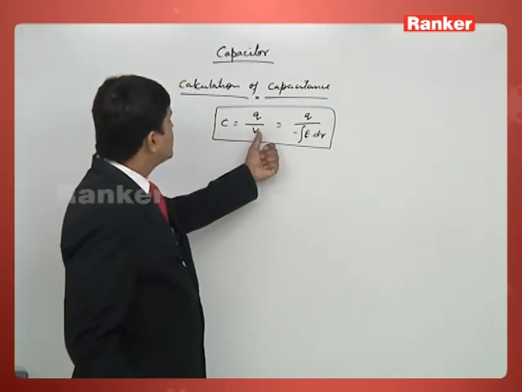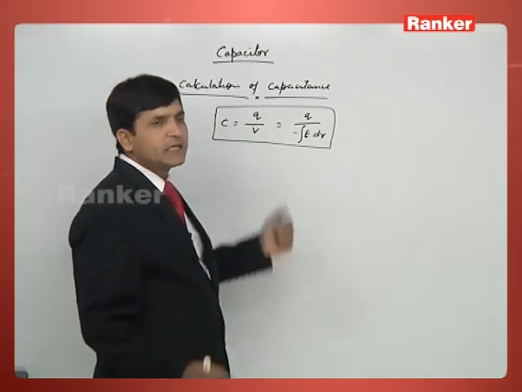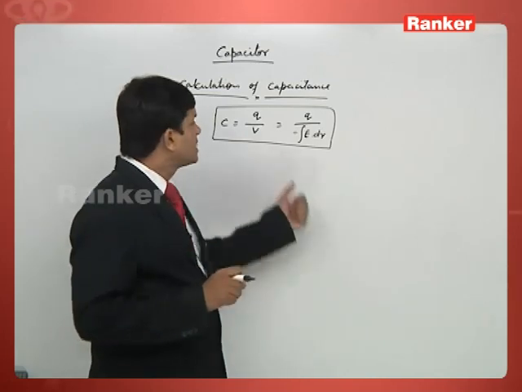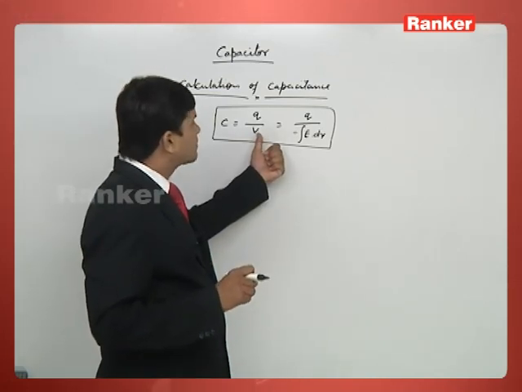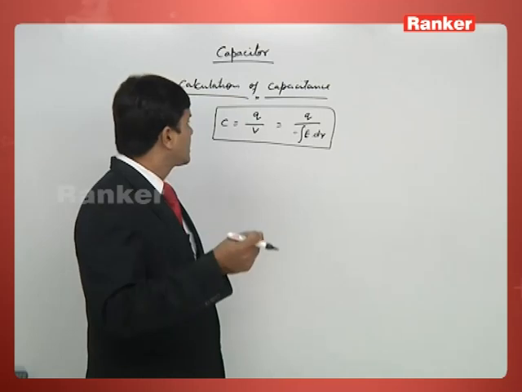Here V is the potential on the surface of the conductor, meaning the potential difference from the surface to infinity.